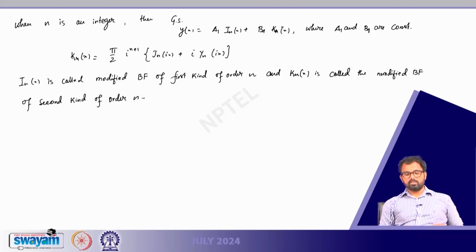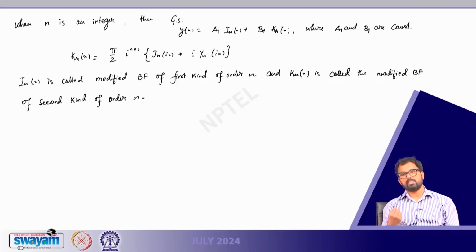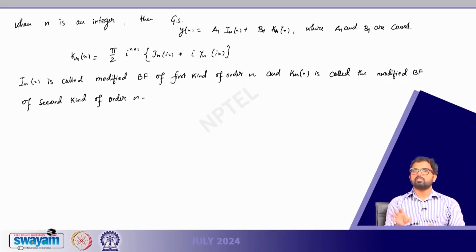Right. So, obviously, we spent the entire lecture on the derivation of Bessel's function of order n of first kind and second kind. There is a whole lot of derivation that goes on. So, I wrote down basically the formulas that are related to our Bessel's differential equation of order n.